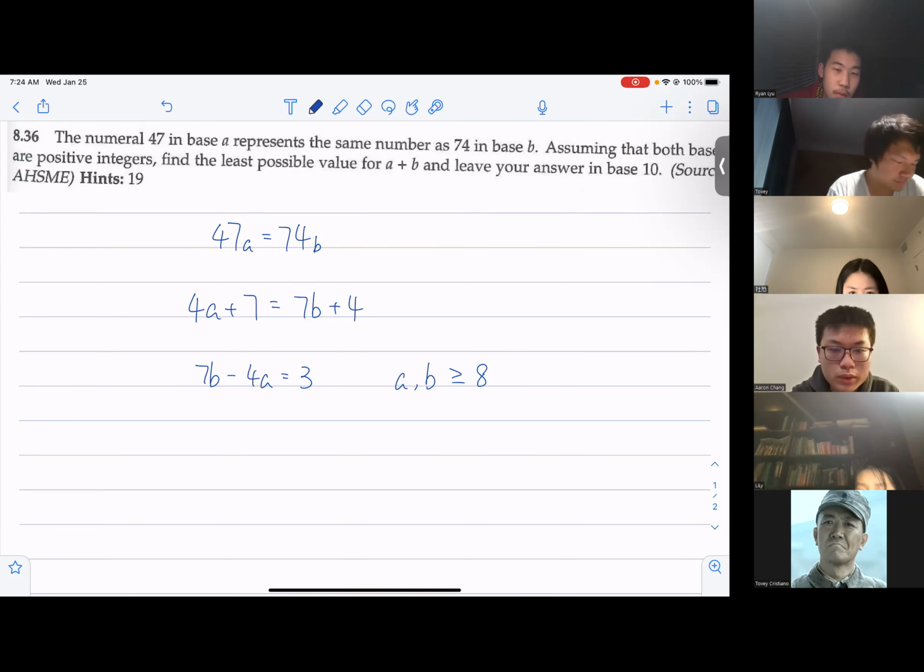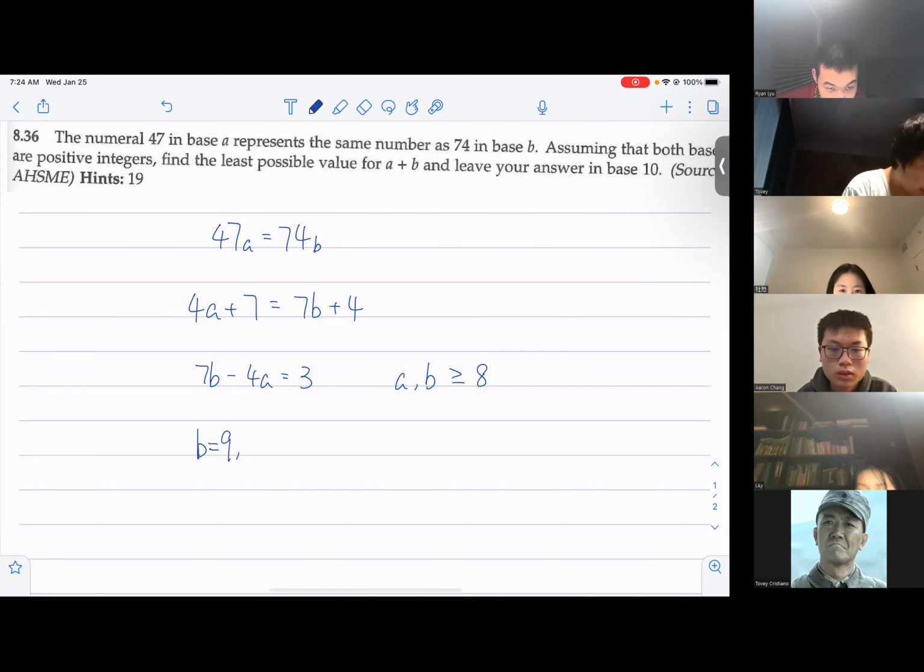B can be 9 and A can be 15. Very nice, yes. B is 9, A is 15.